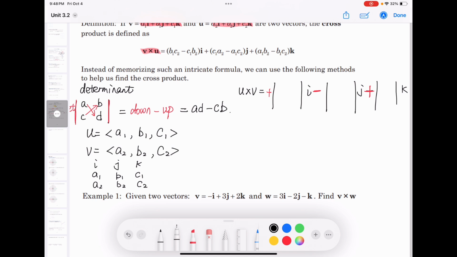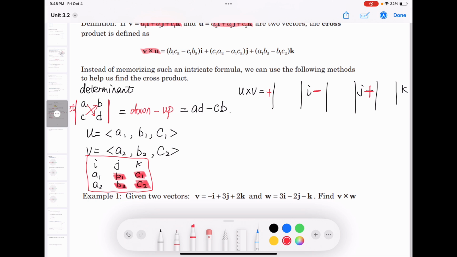So we are going to come back to here. Let's use a different color. Box this part. So first, in the first determinant sign, we're going to have these four pieces of information, B sub 1, B sub 2, C sub 1, C sub 2.